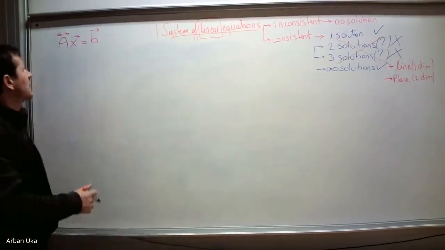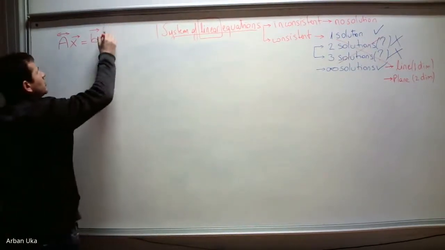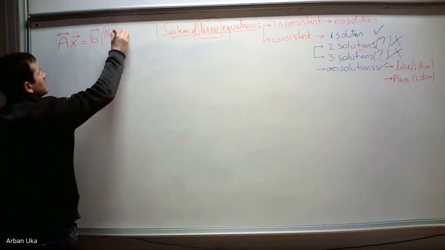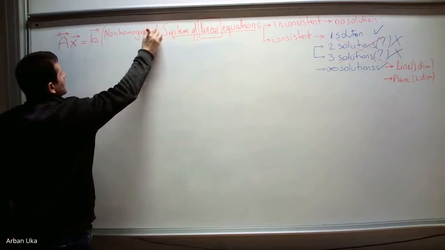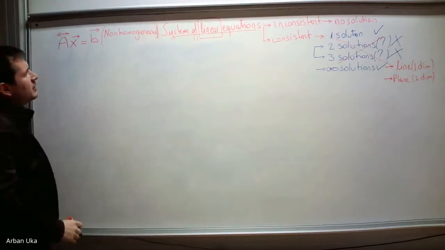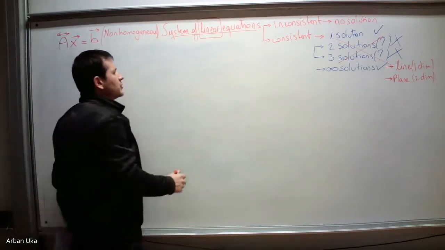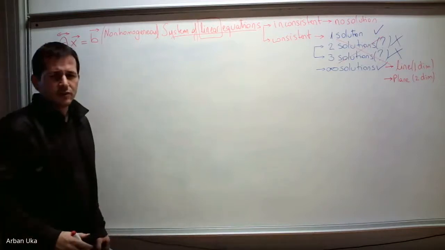And this type of equation is called non-homogeneous. Now, the terminology of homogeneous and non-homogeneous, you can see it also in differential equations.